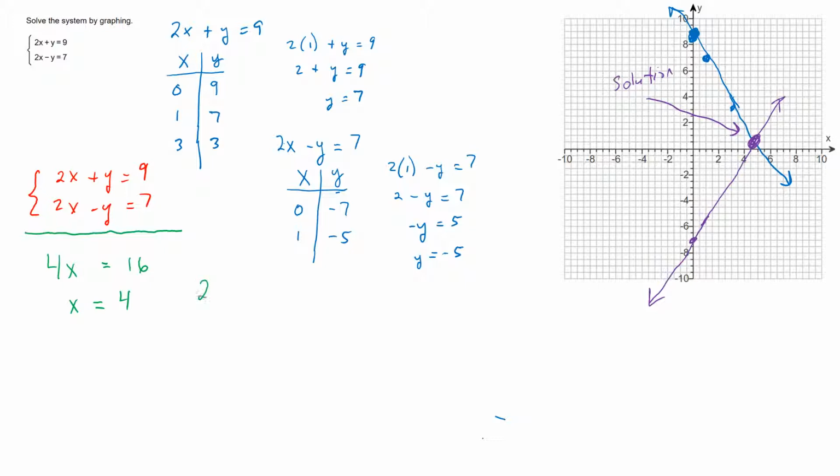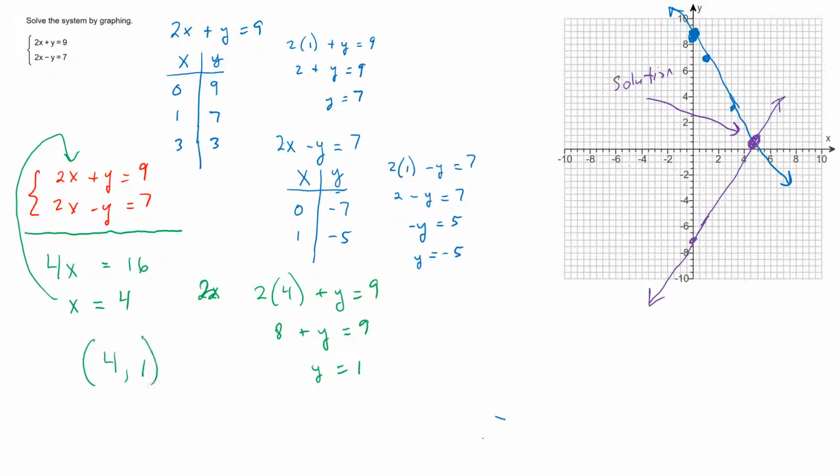I'm going to plug 4 in for x in that top equation. So I have 2 times 4 plus y equals 9. So 8 plus y equals 9. And so y equals 1. And so I now know that the exact solution to this system is x equals 4, y equals 1.